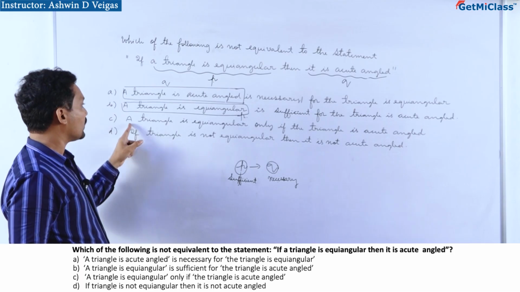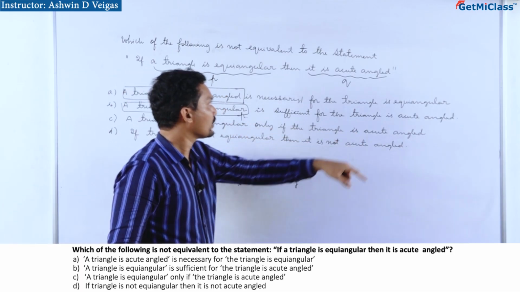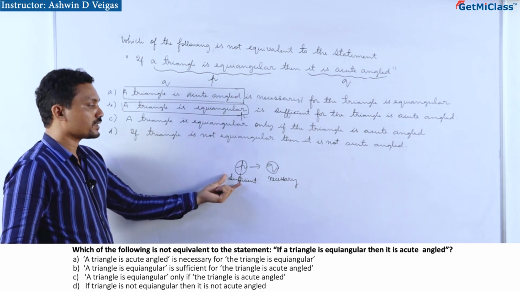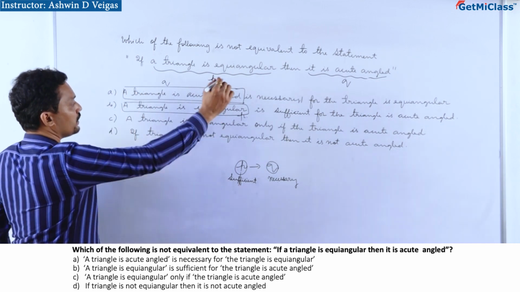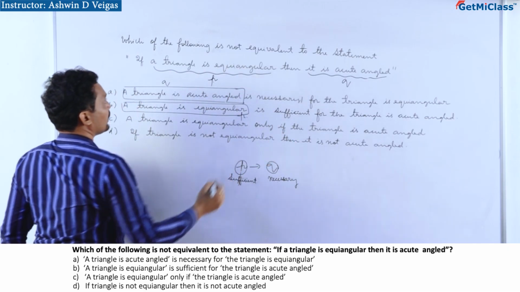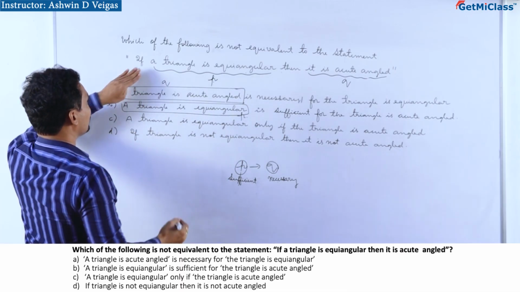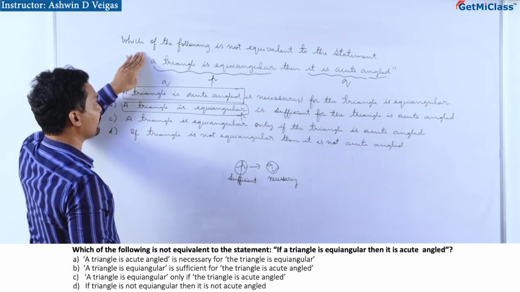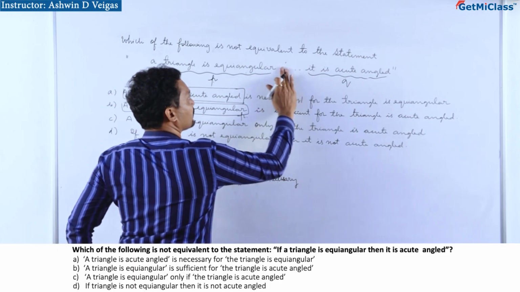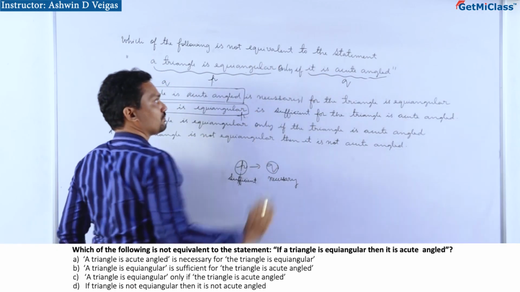Now, a triangle is equiangular only if the triangle is acute angled. I have also explained this in the synopsis. You can also write this statement using only if: you remove the word if and replace the word then by only if.